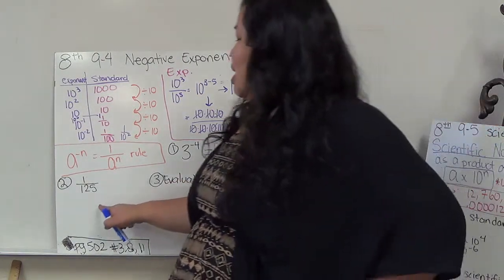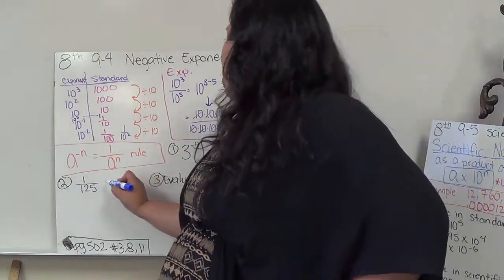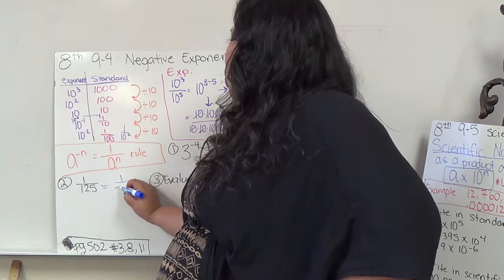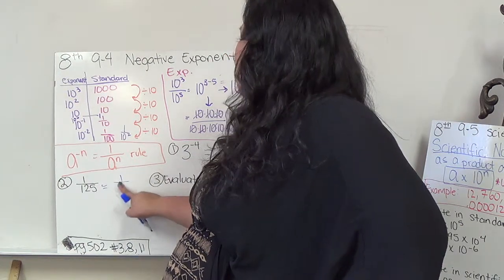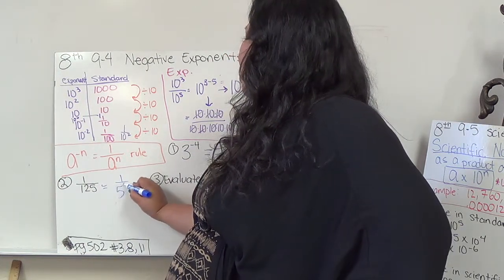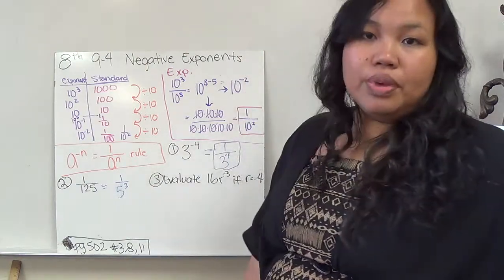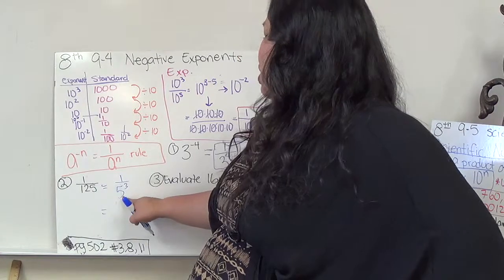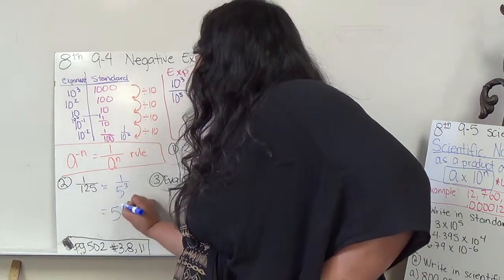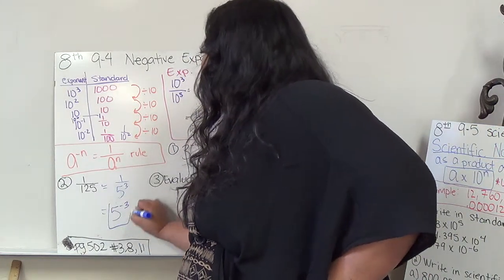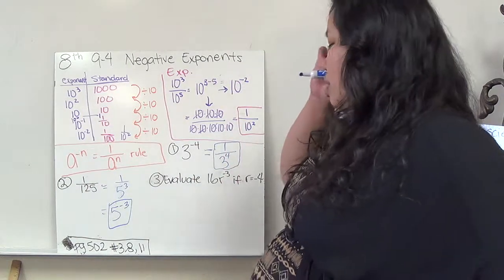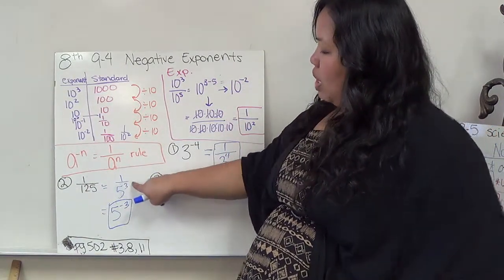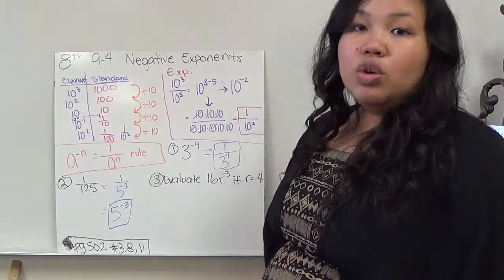So if I want to write this in exponent form, well, 125 is the same thing as 5 cubed, right? 5 times 5 times 5 is 125. So because it's on the bottom, this is the same thing as saying 5 to the negative third, because if I work backwards, the negative third means I put it down here, it becomes positive, and then it's 1 over 125.